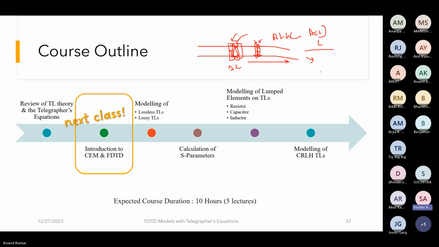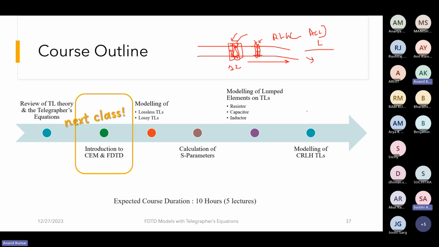There is metal on a substrate, and a slot is cut out. We know the width and length of the slot line. So how do we model the input impedance of that slot line, and if the width is varying with the length, how do we get the input impedance?